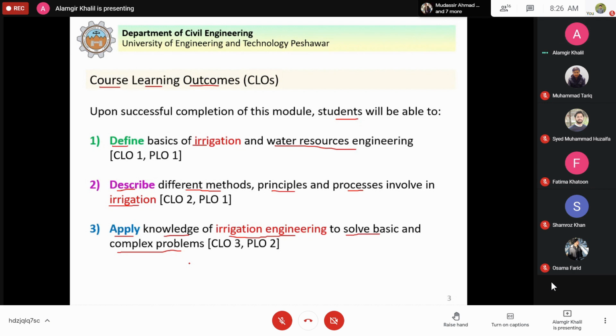That would mean that you identify the source of water based on the crop water requirements, that we have to determine what sources are available.